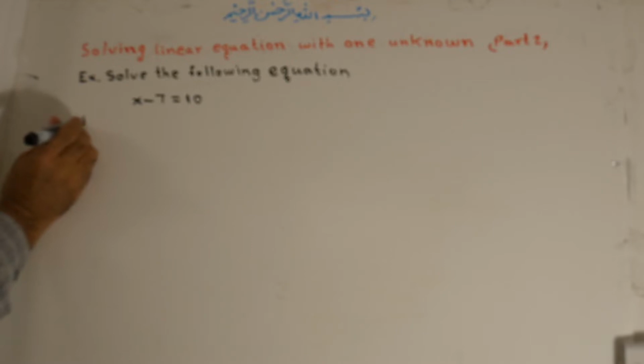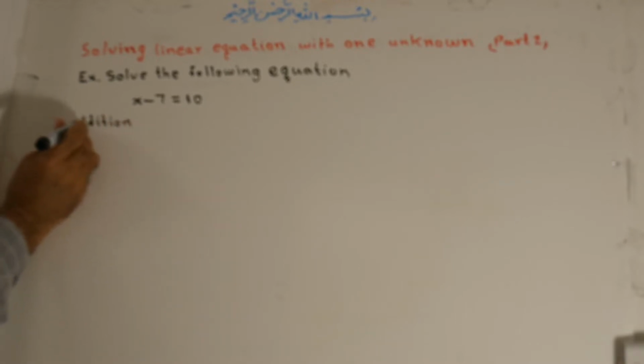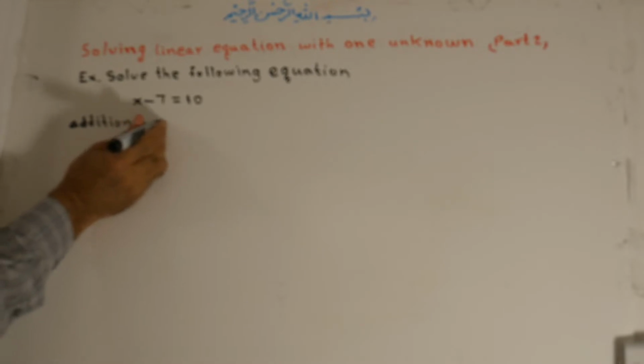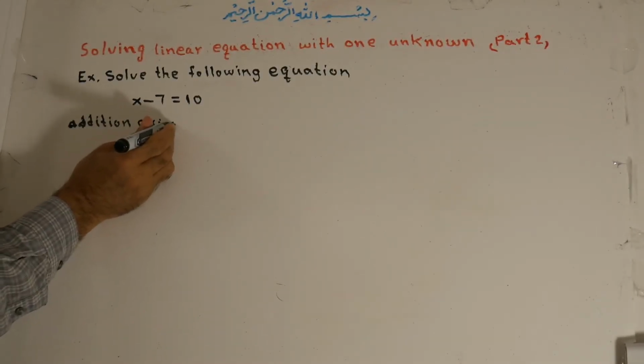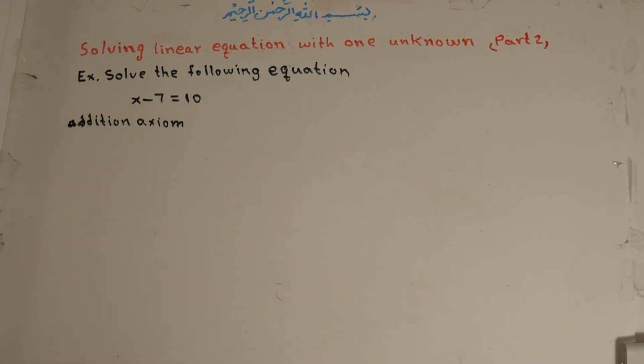Addition axiom. We say that if we add the same number at both sides of the equation, there is no change in the equation.